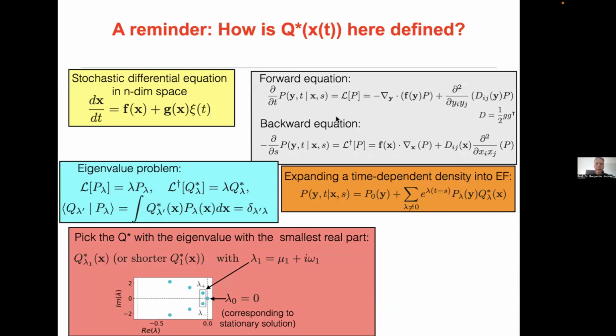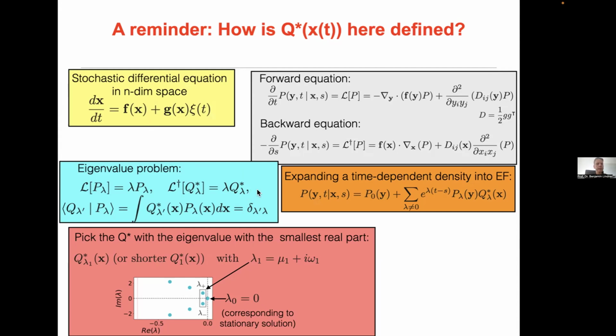We take the system's backward equation, this operator, and we solve the eigenvalue problem. This is, by the way, not simple. This is the non-trivial step in the whole endeavor here. And then when we gain this function, this is a function of my variables x, x1, x2, and so on up to xn.